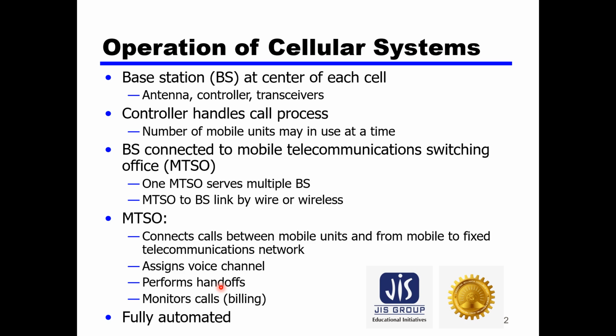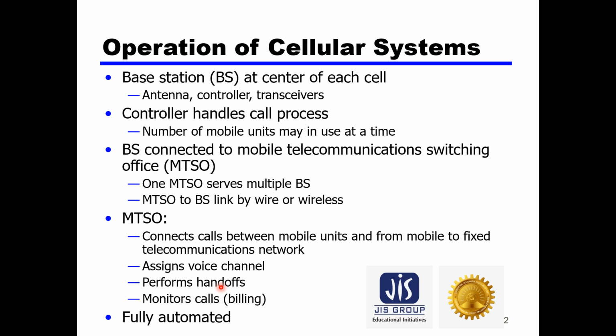Why does handoff happen? Sometimes you are moving. Mobile means you have some mobility. You can go anywhere, and the connection should not be lost. So the base station has to give you continuous connectivity, so that while moving you can talk to the other end also. It is the facility of mobiles. That's why mobile is so popular nowadays.